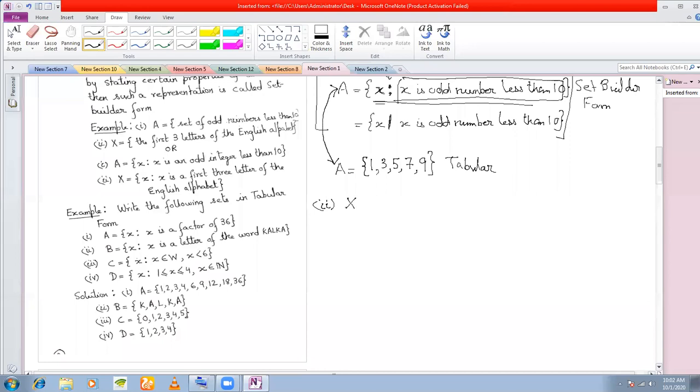We define a set X where X is an element such that X is any of the first three letters of the English alphabet.